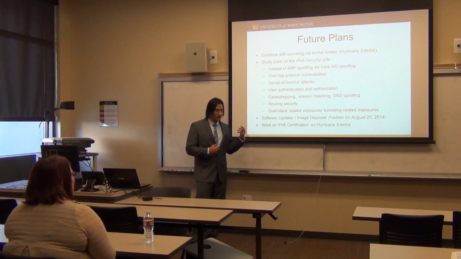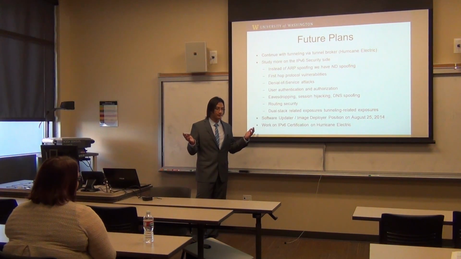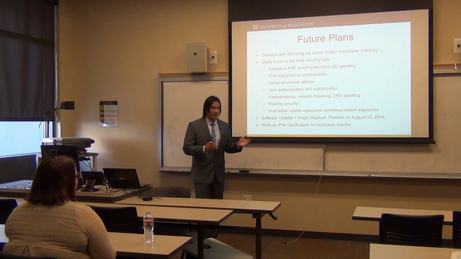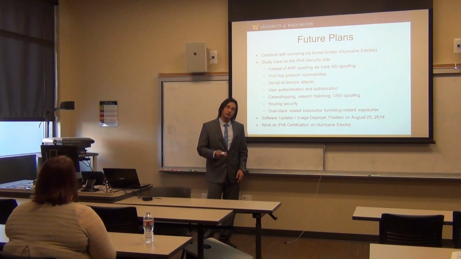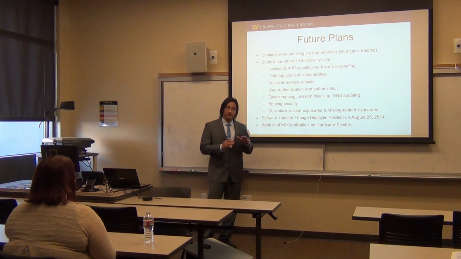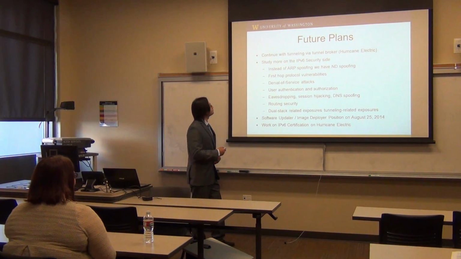For example, let's say you're getting router advertisement traffic, and then there's a bad guy who's sending you router advertisement traffic at the same time. How do you defend against that? Well, they have this thing called RA Guard, which defends against it. But there's more to it though, and I'd like to learn more about that.